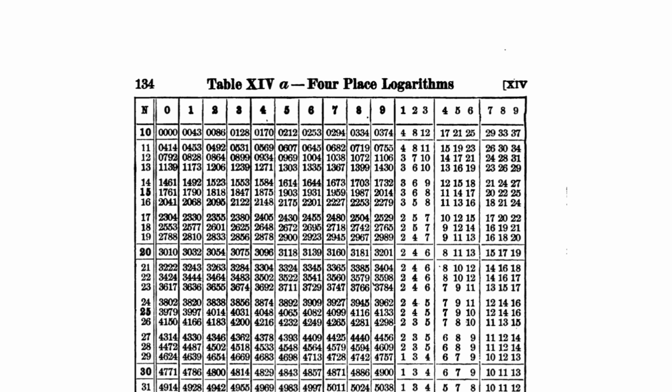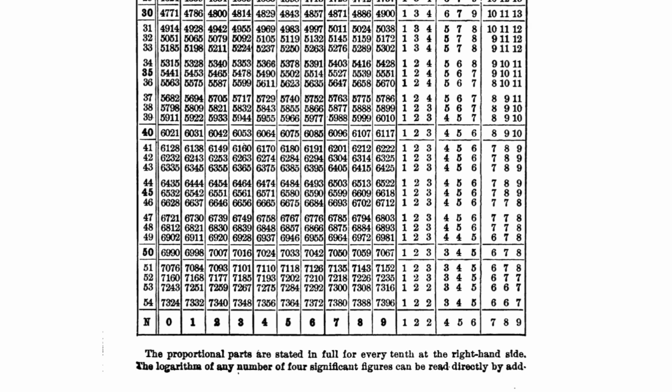So that's the first multiplication number, 2. That's our first factor. I can go to my second number, which is 4, which is right here. So the factor I want is 4. We have nothing after it, so its logarithm corresponds to 6021. And as we know, it's going to be decimal 6021.